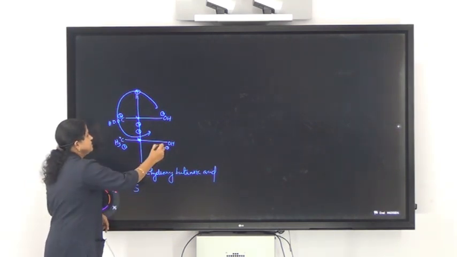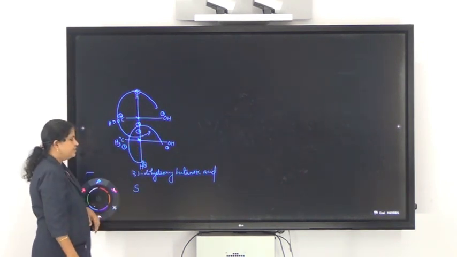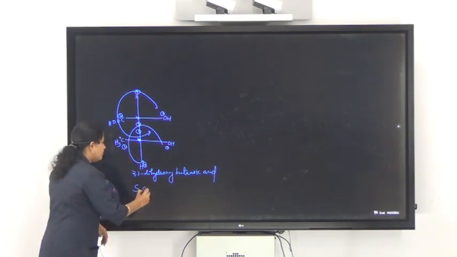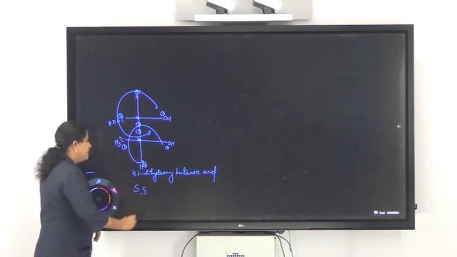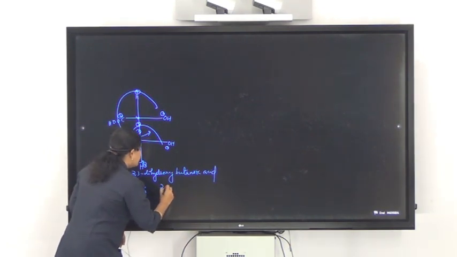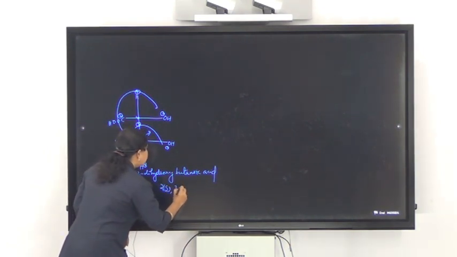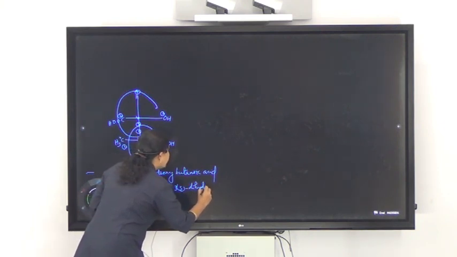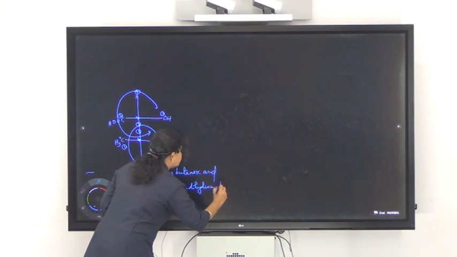Then take the sequence 1, 2, 3. Again hydrogen is pointing away from us, therefore S configuration. This is represented as 2S,3S-dihydroxybutanoic acid.